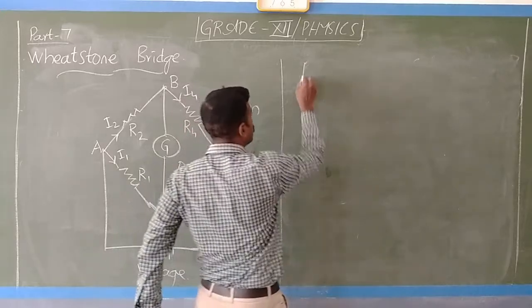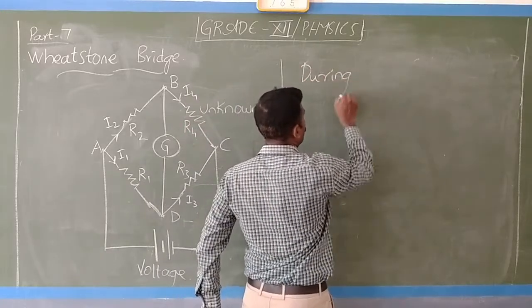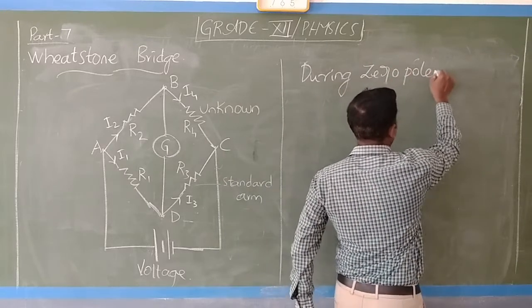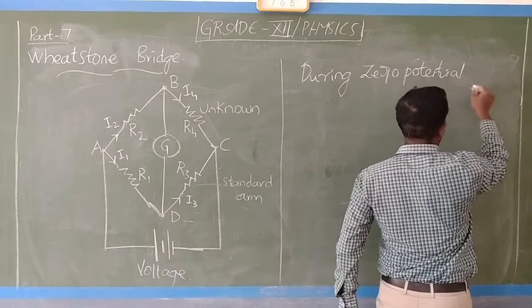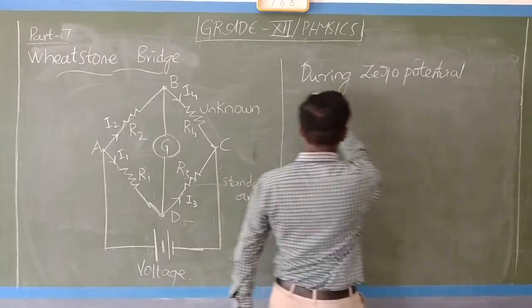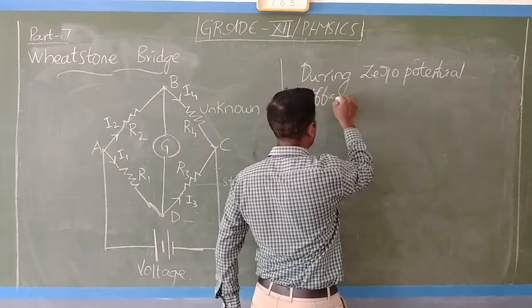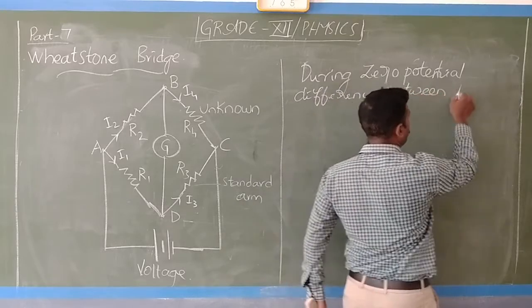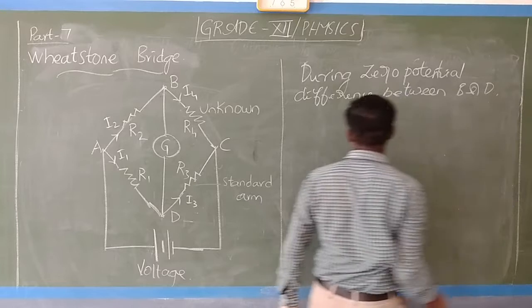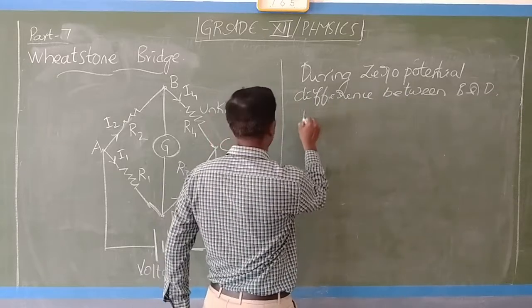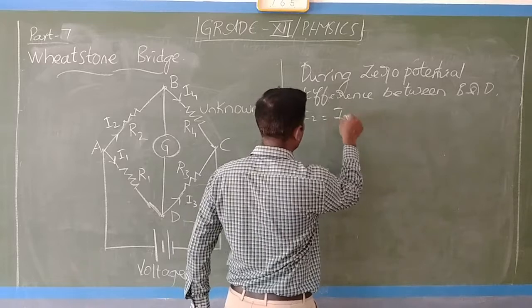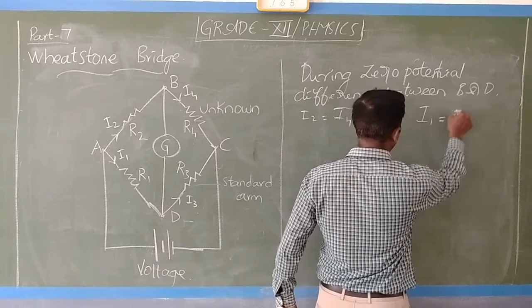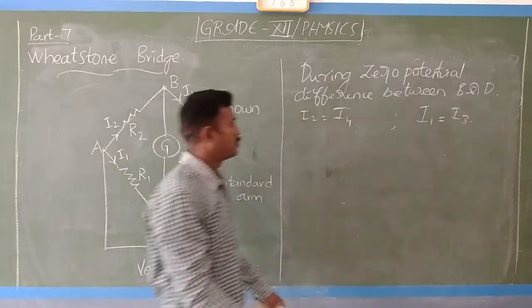During balance, during zero potential difference between B and D, I2 equals I4 and I1 equals I3. Clear?